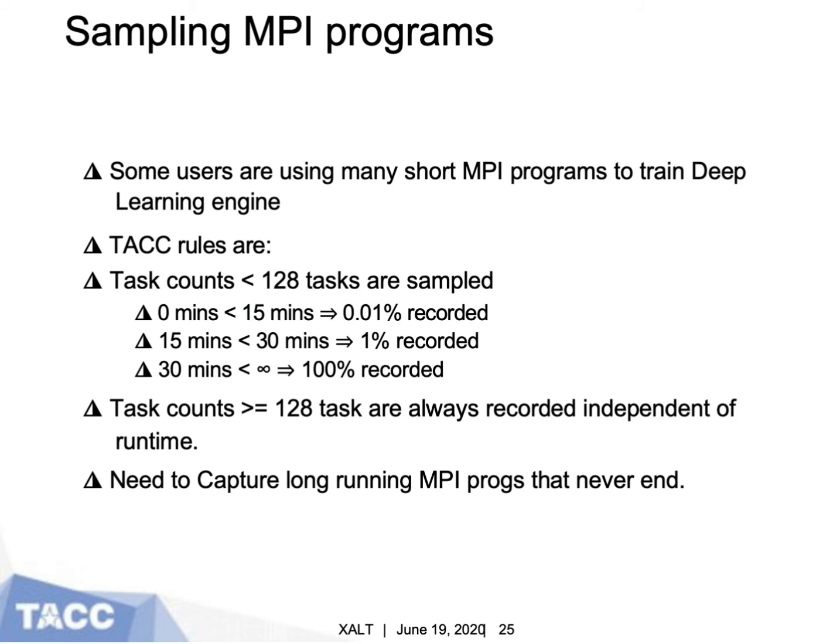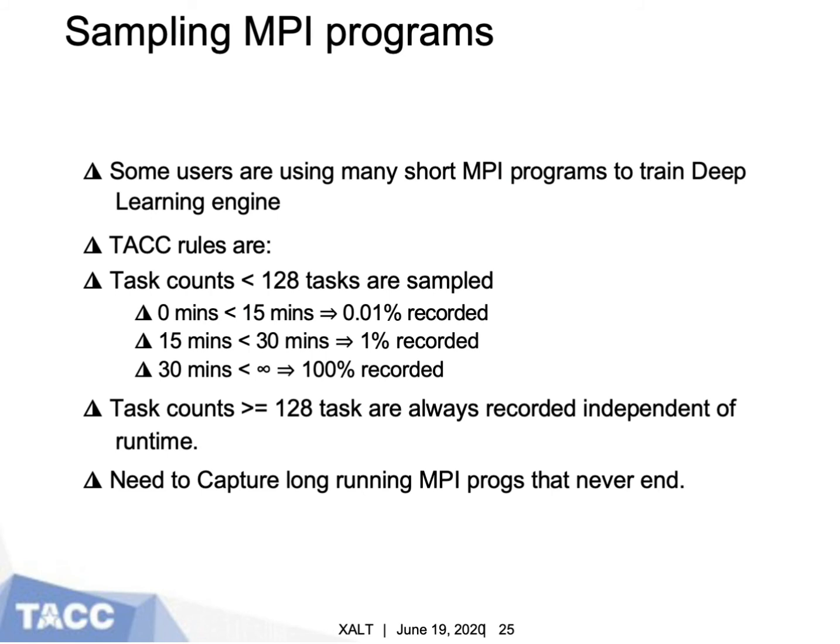So the TACC rules are, if a task count is 128 tasks or fewer, it's sampled with 0 to 15 minutes a 1 in 10,000 chance of being recorded. 15 to 30 minutes is a 1% chance recorded. And 30 minutes or longer, it's a 100% chance of being recorded. Task counts greater than or equal to 128 tasks are always recorded independent of runtime.